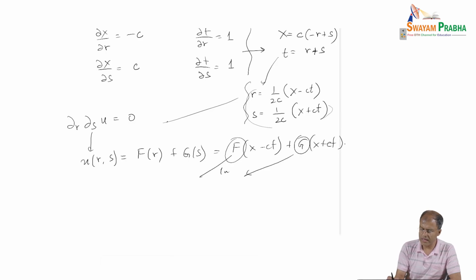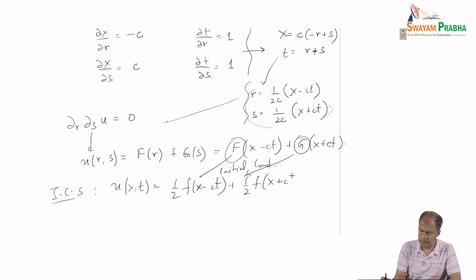Then we can find these two functions f and g using my initial conditions. From the initial conditions I get that u at x comma t is half f of x minus ct plus half f of x plus ct plus 1 by 2c times the integral from x minus ct to x plus ct of g of z dz.